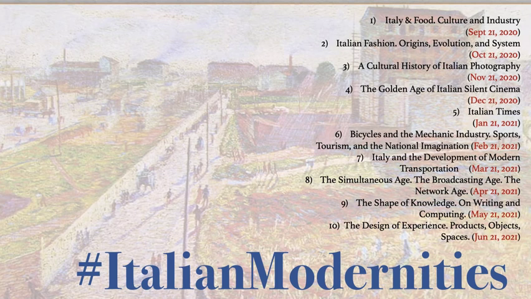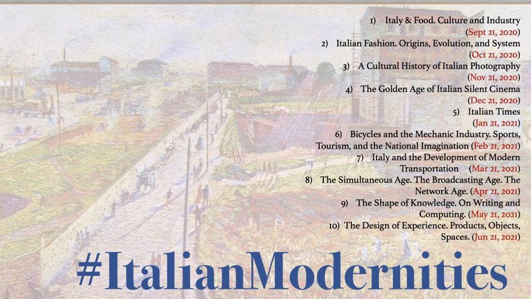We'll see how Italy develops a particular idea of time and how around bicycles, Italy not only constructs its mechanical industry, but also experiences such as sports and tourism, which are key to understanding the national imagination. We'll see how Italy is a protagonist in the development of modern transportation and in the development of new knowledge.